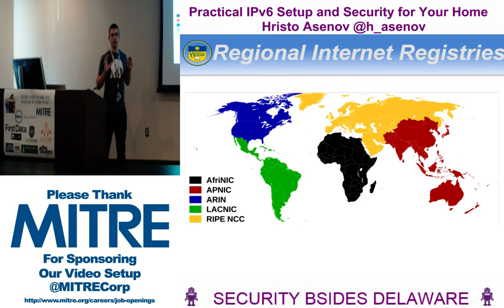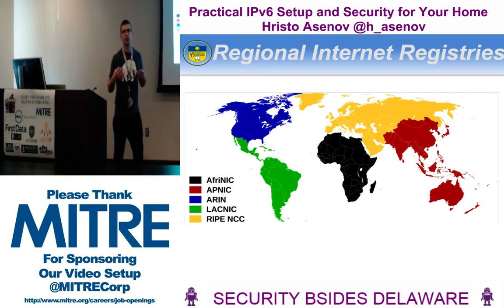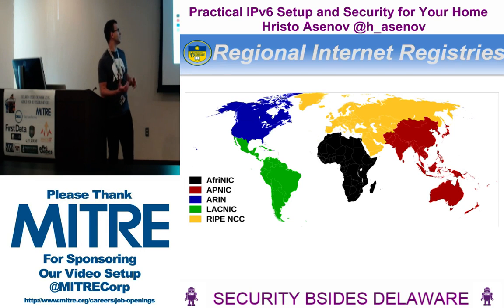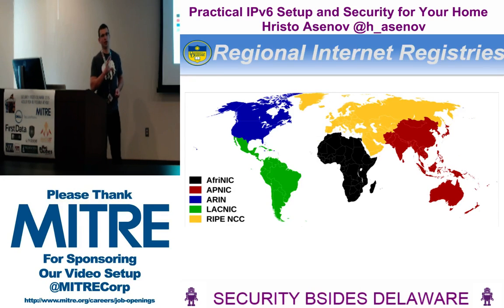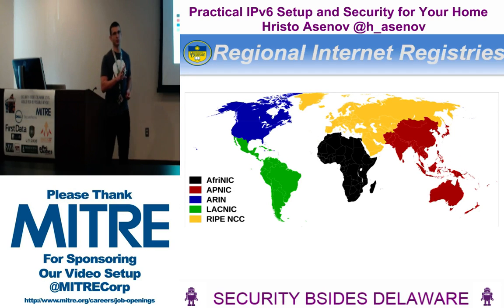The way that the public addresses are allocated is there are usually 5 different organizations around the world that give out these addresses, and the ones that we mostly hear about are ARIN and RIPE. ARIN functions in North America, and RIPE functions mostly in Europe.